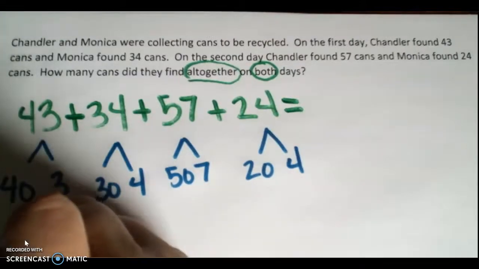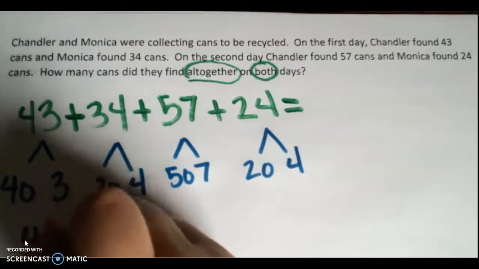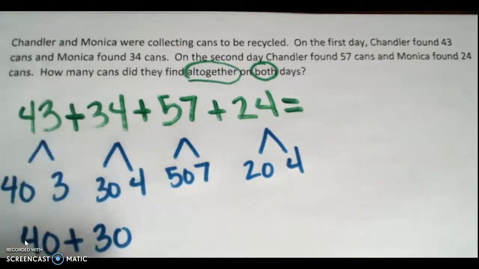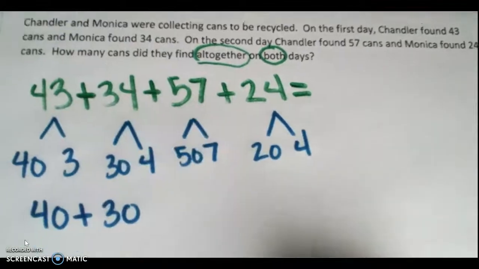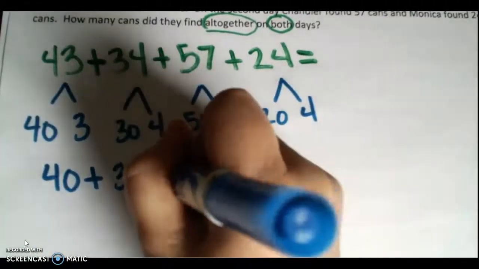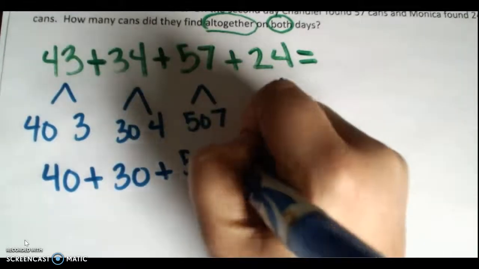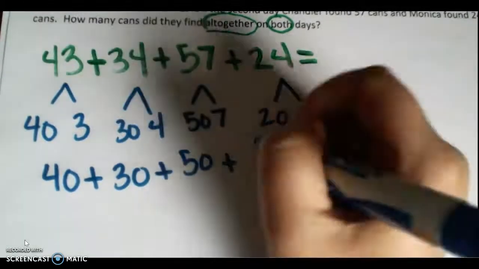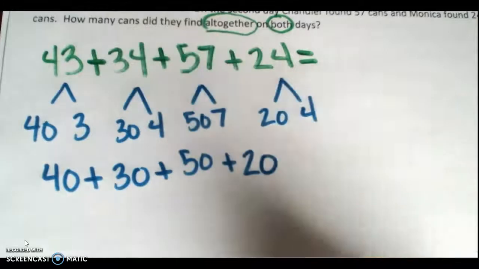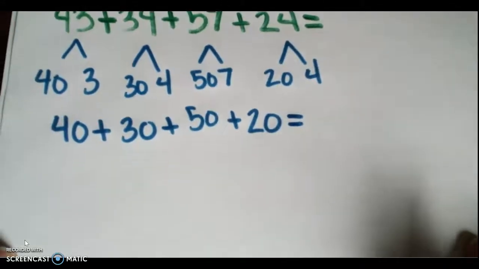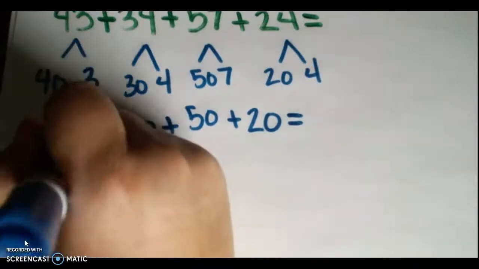So now I'm going to add my tens together first. 40 plus 30 plus 50 plus 20. Another way that I can look at that is to think of my tens.